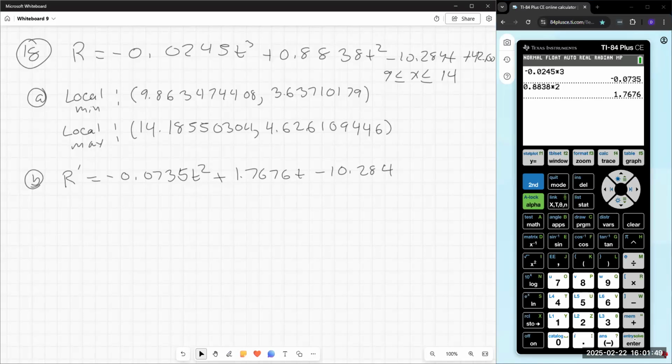And I'm going to set that equal to 0. And because I don't know any better way to do this, I'm going to use the quadratic formula, but I'd like my a value to be positive. So I'm going to multiply through by negative 1, which doesn't change my zeros at all.